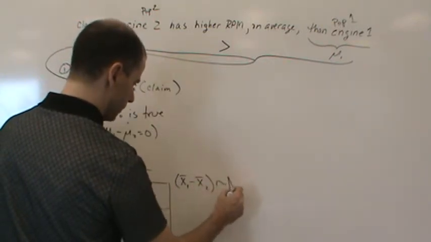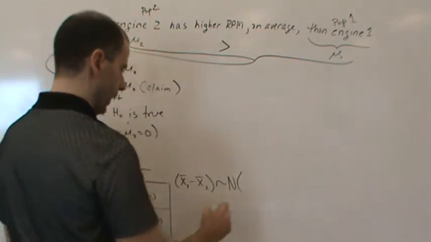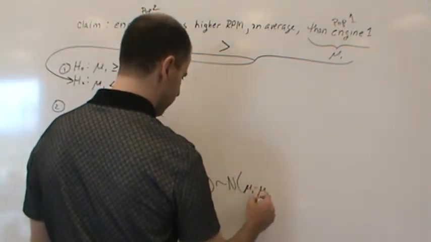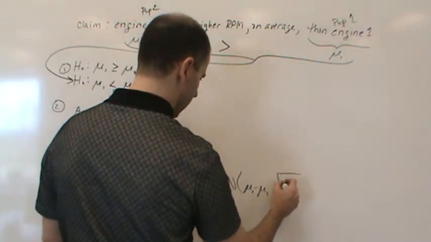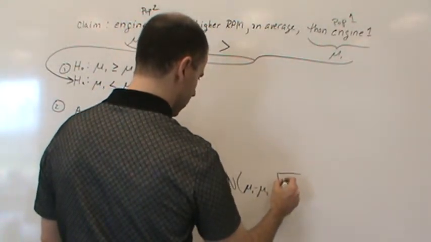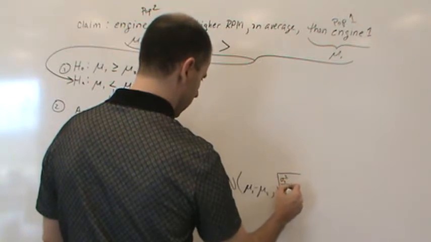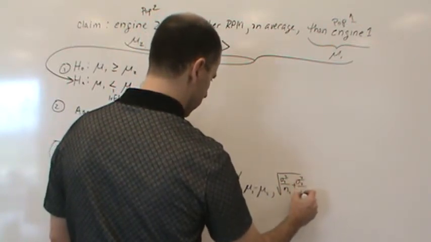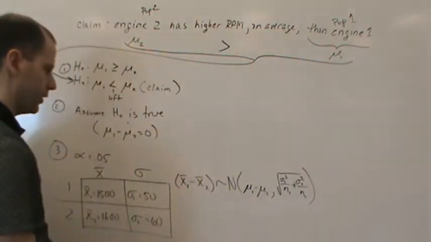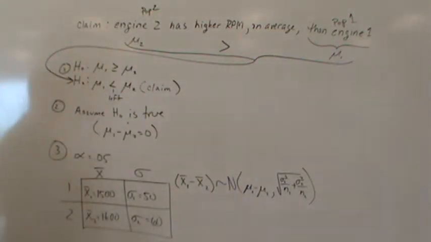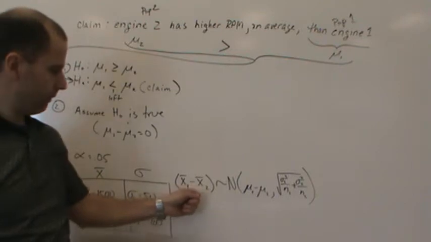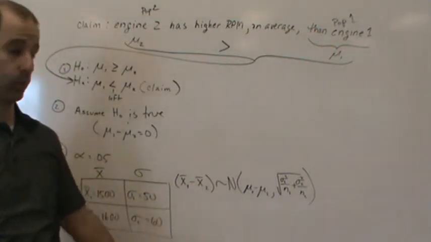It is approximately normally distributed, and it has a mean of mu1 minus mu2 and a standard deviation of the square root of sigma 1 squared over n1 plus sigma 2 squared over n2. I'm just going to write that out because the important step of step 3 is writing down the information in the data to verify that we have the distribution we need, which is this.